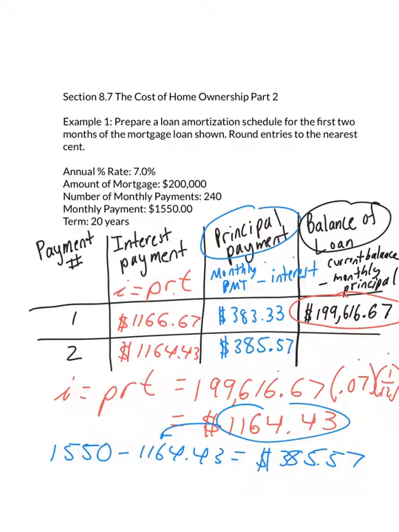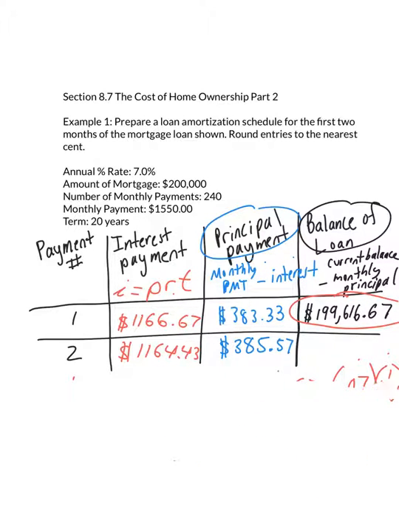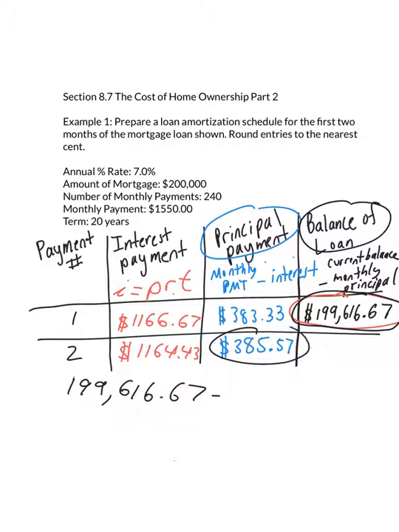Feel free to pause this video at any time and try these calculations in your calculator just to make sure you're getting the right answers. And for the new balance of the loan, I'll do that in black pen again. We said take the current balance, which now was $199,616.67, and subtract the monthly principal, which was $385.57.